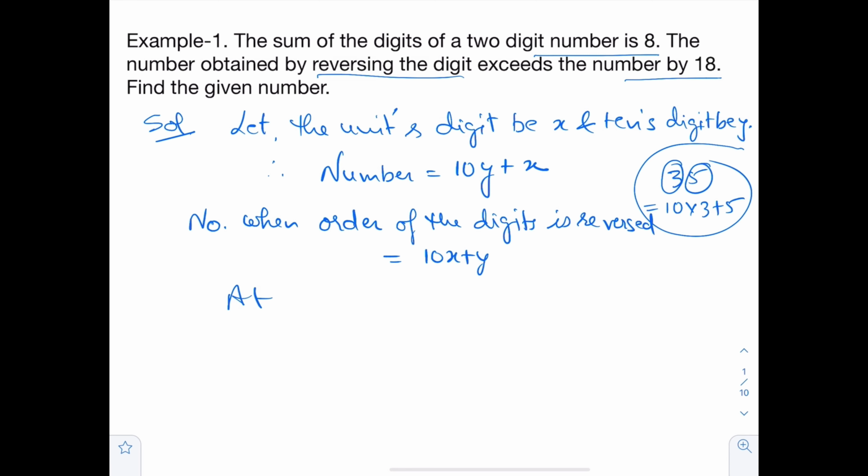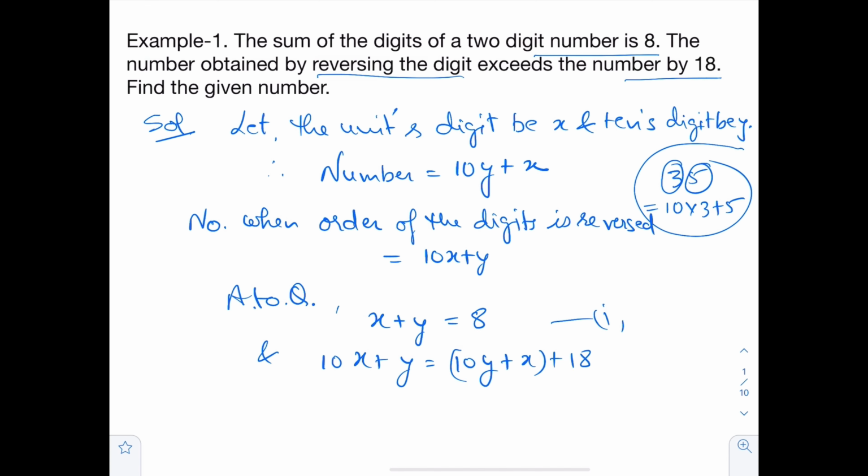Now according to question, x plus y, sum of two digits, equal to 8. So this is equation number 1 and 10x plus y equal to 10y plus x plus 18.